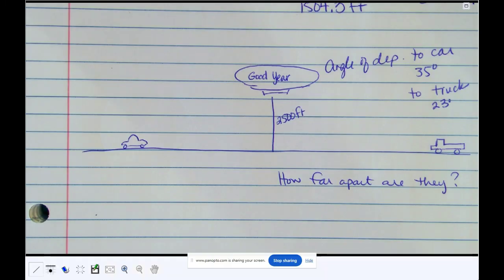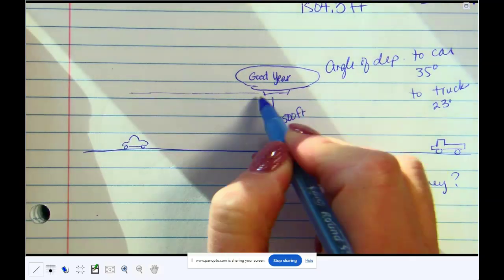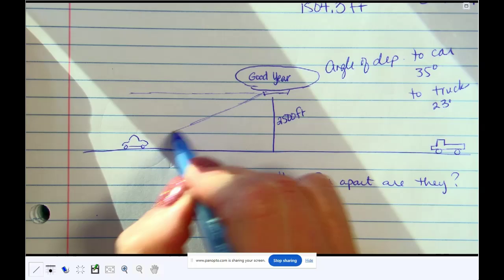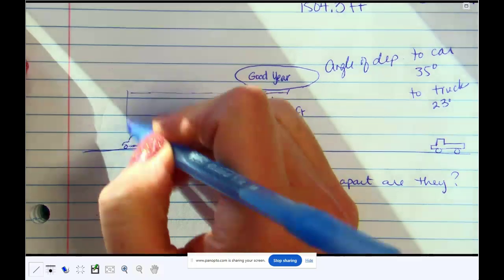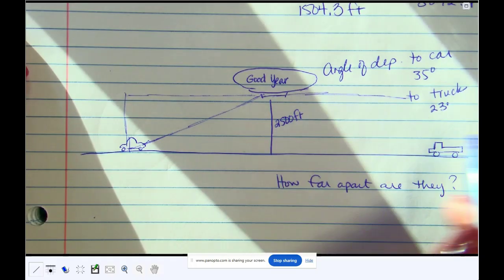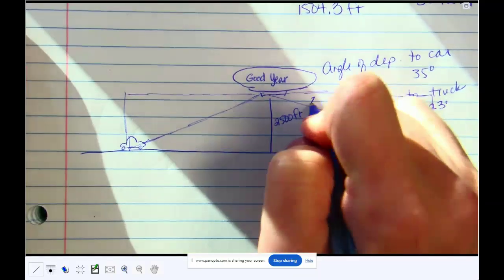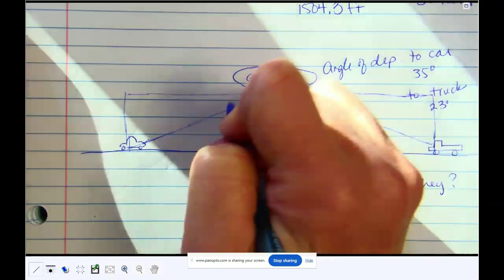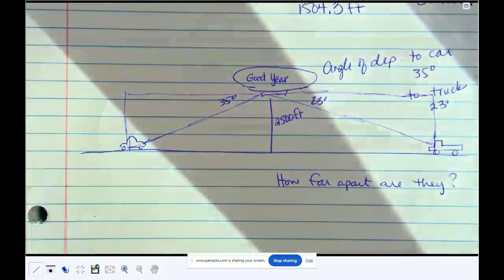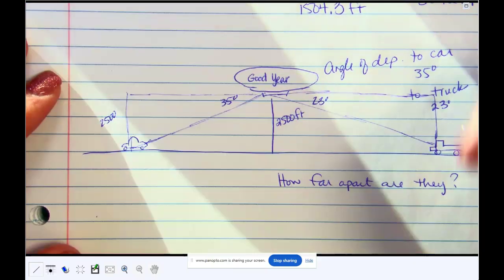I definitely drew these in the wrong spot.